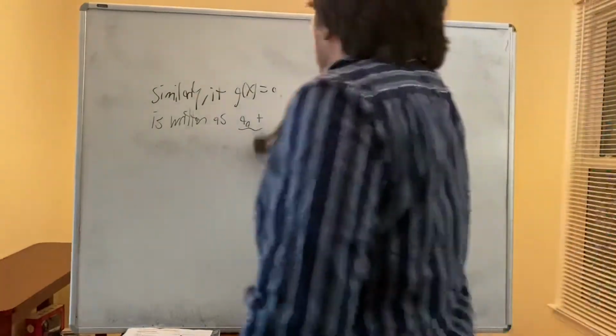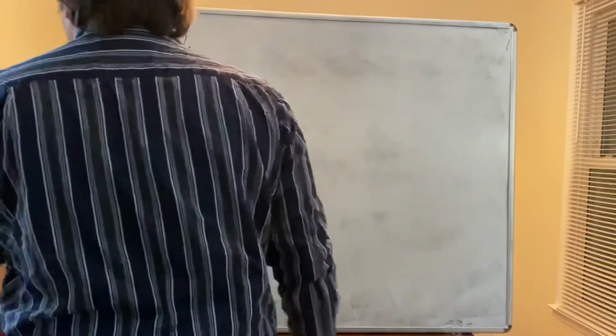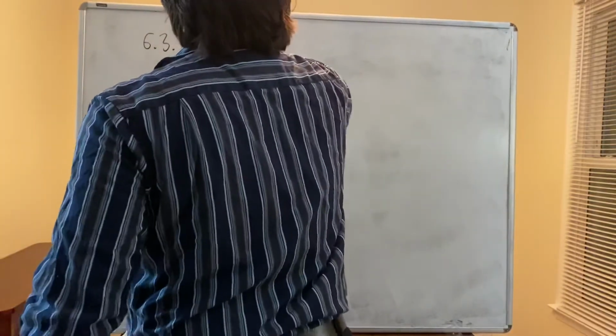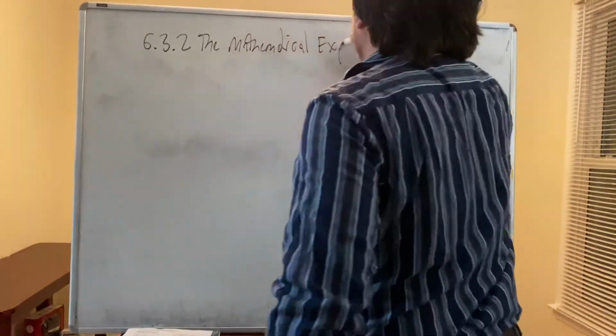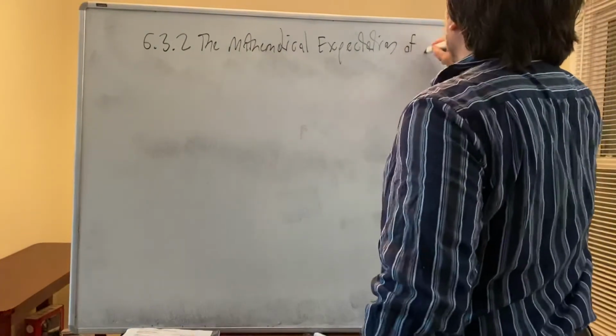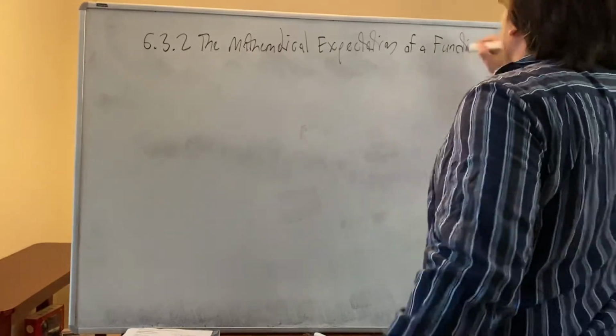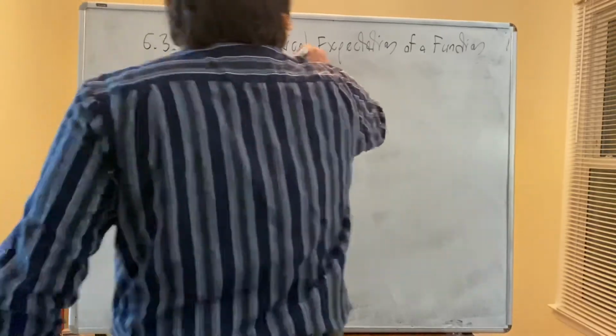Let's do the next section. So I'm going to erase this. Let's do the next section. Okay, so 6.3.2. The mathematical expectation of a function of a random variable.